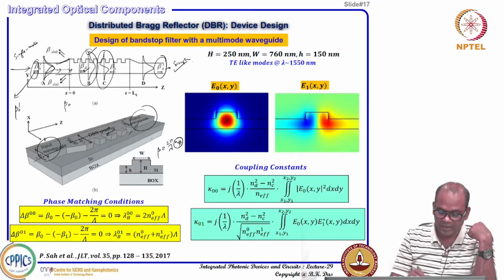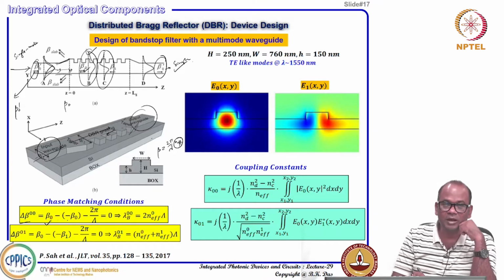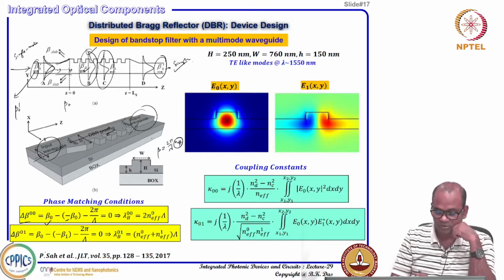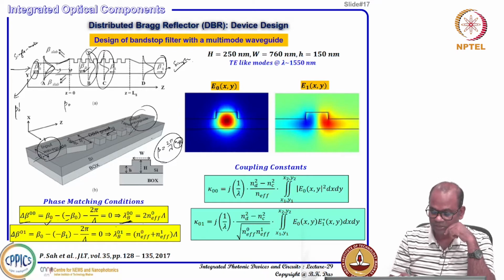So, I can get a phase matching condition delta beta equal to 0, meaning the forward propagating fundamental mode beta naught minus the backward propagating fundamental mode, that is why minus 2 pi by lambda. Using this expression, I can find a Bragg wavelength lambda b 0 satisfying this. The period is known, and n effective 0, the effective index of the fundamental mode, is known.